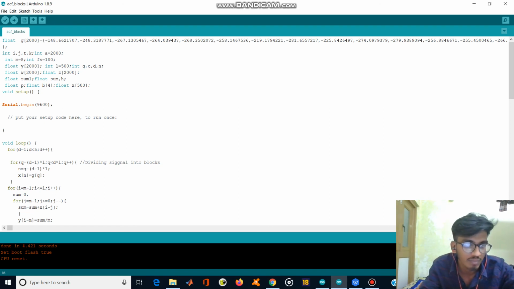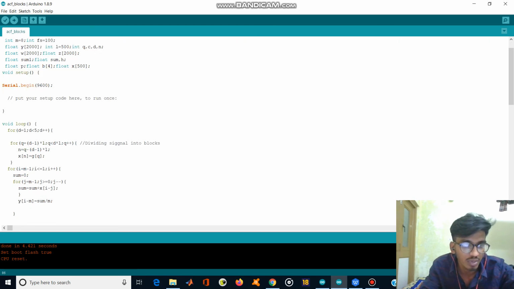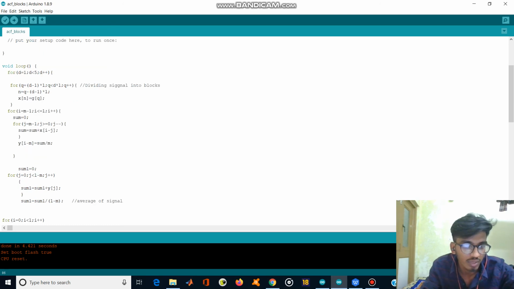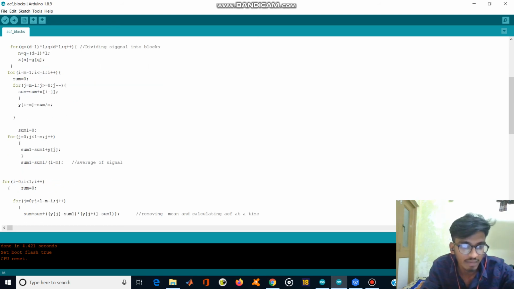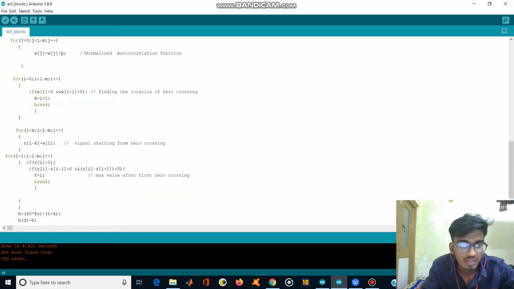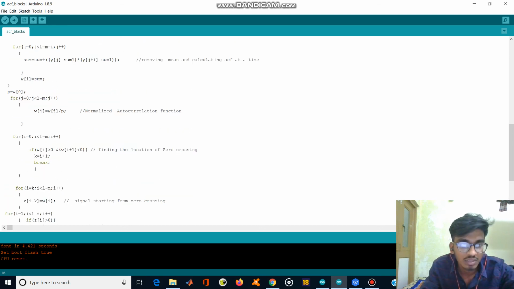The code has the same declarations, and the signal is passed through the moving average filter, and we will do the average of the signal. Then we remove the mean and calculate the autocorrelation function at a time, then the normalized autocorrelation function.